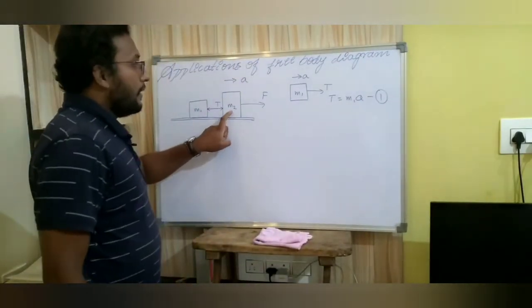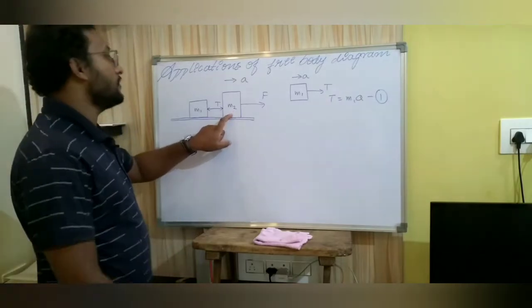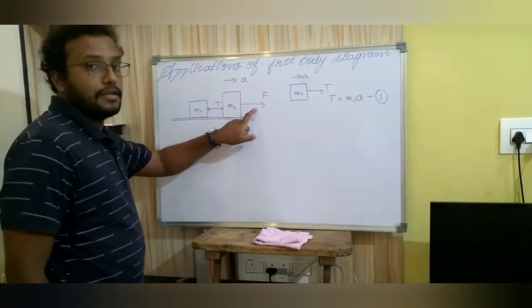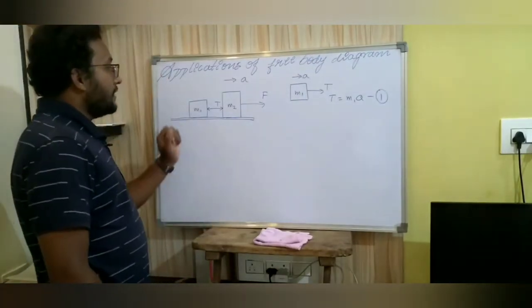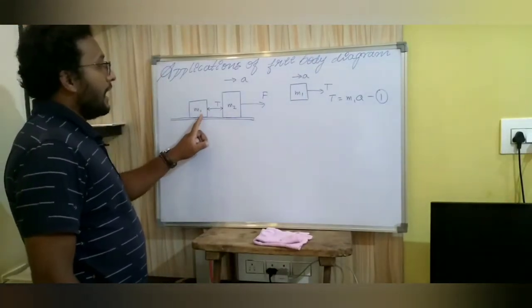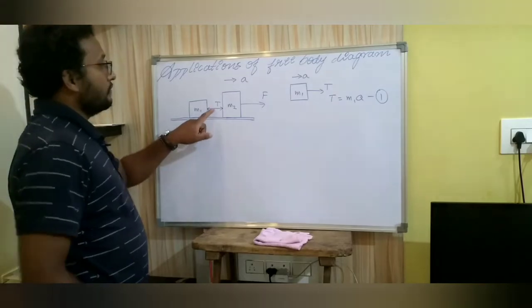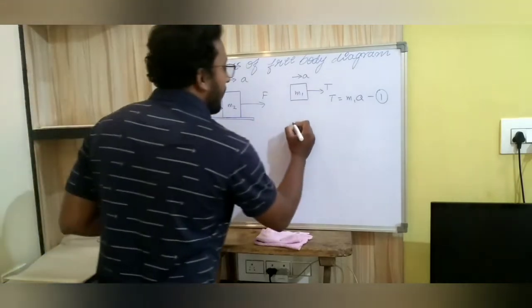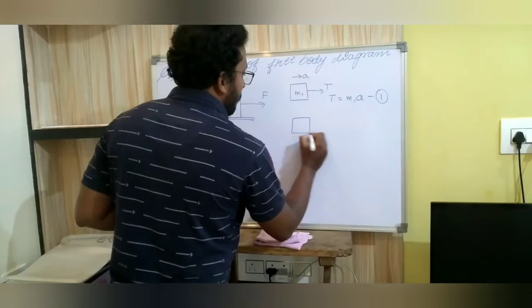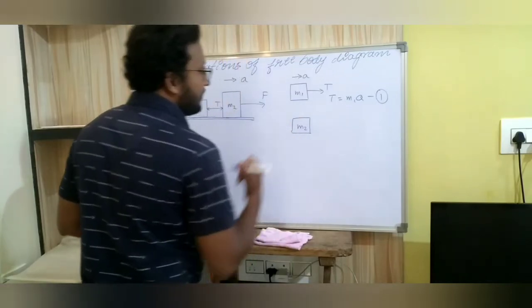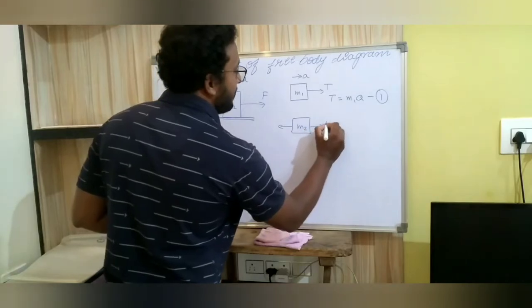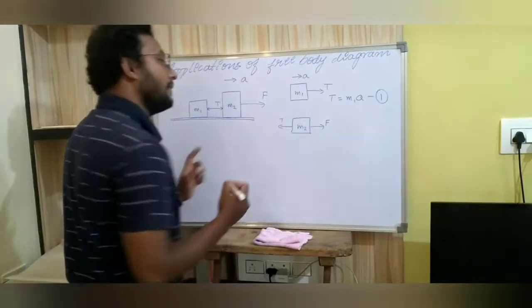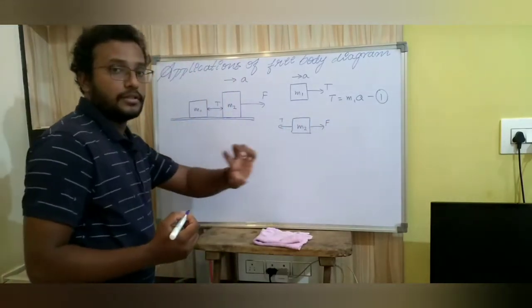Similarly, on this block M2, there are two forces you can see. One is this external force F, which we have pulled, and the second is the tension acted upon by M1 on M2, that is in this direction. So if this is the block of mass M2, tension is in the opposite direction, and this external force is there in the forward or positive x-axis.